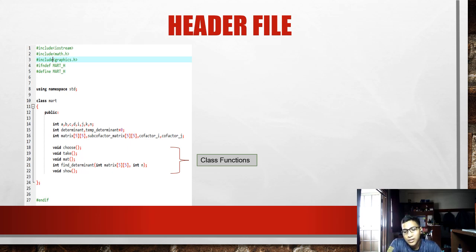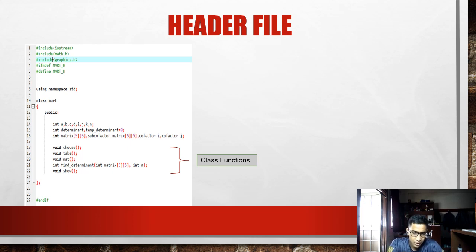At the bottom is my class functions: void choose, void take, void mat, void find determinant, init as integer matrix. I will explain later why there is only one function where I put a value in it.